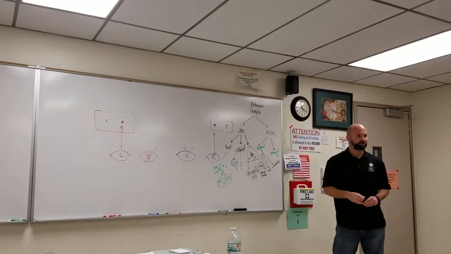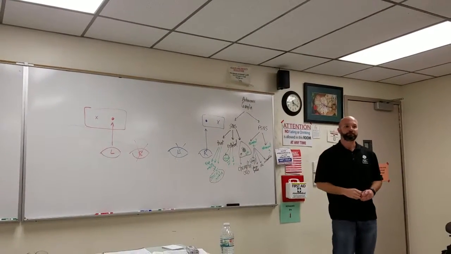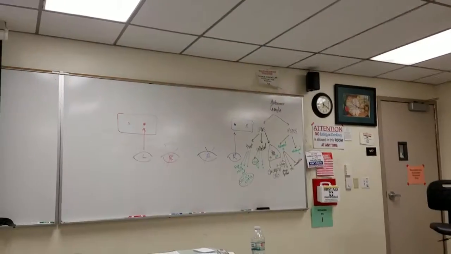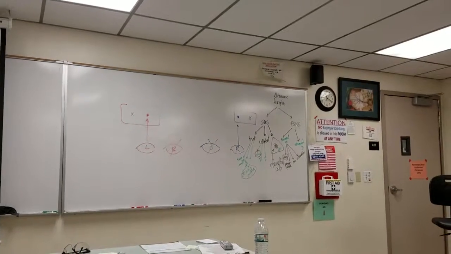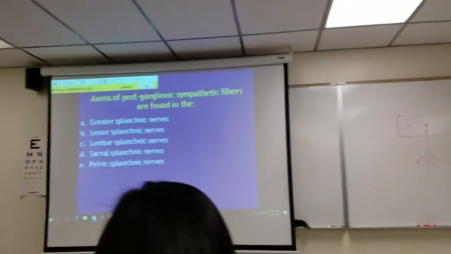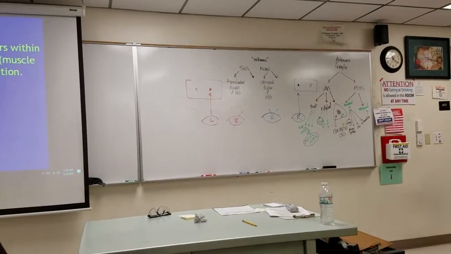Lumbar splanchnic nerves? Inferior mesenteric. Carry preganglionic, not post. E carries parasympathetic, not sympathetic at all. D is the right answer. Fine?